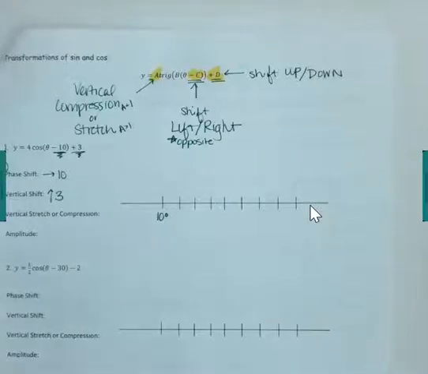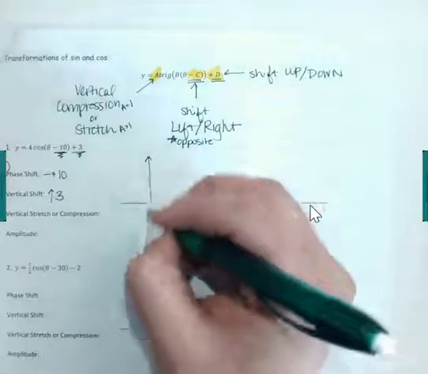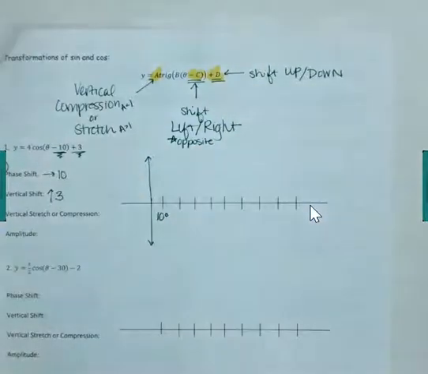It'd be a little bit to the left, right? So here's 0. That's the y-axis. Now, do you remember what we counted by on the x-axis? It was 90, 180, 270, 360. What was that counting up by each time? 90. So we're going to keep that the same.